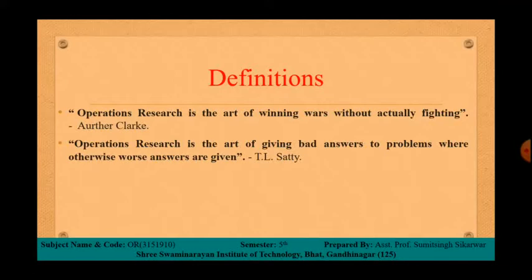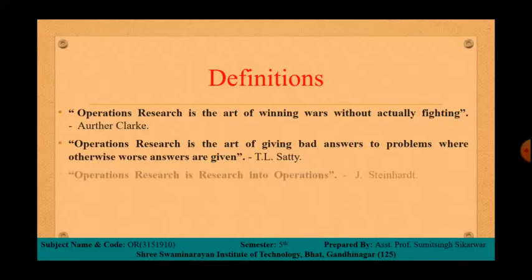It says that if decisions are made on guesswork, we may face the worst situation, but if decisions are made on a scientific basis, it will help us make better decisions. Hence, this definition deals with one aspect of decision making and does not clearly tell what operation research is.